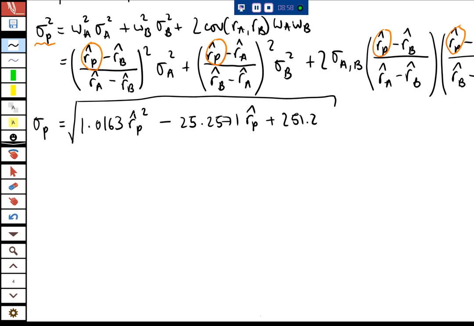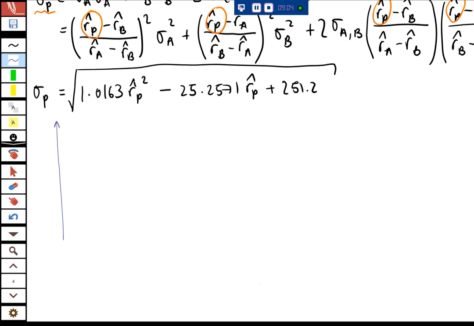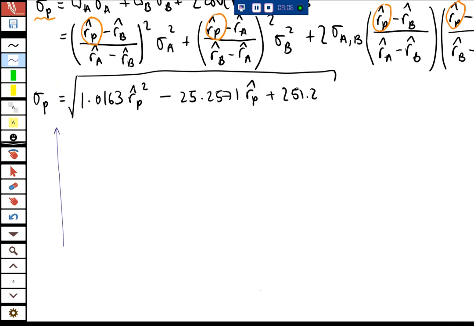So we could put this into a nice sketch. When we calculate the opportunity set, we want to vary the risk on the x-axis, and we want to see the expected return on the portfolio as a function of this risk.